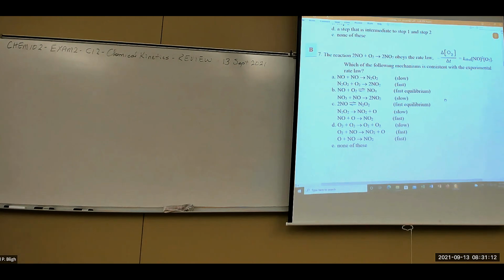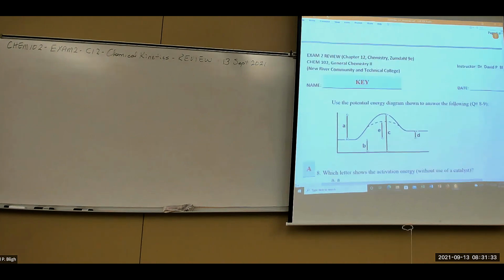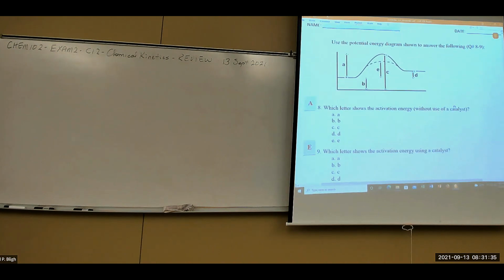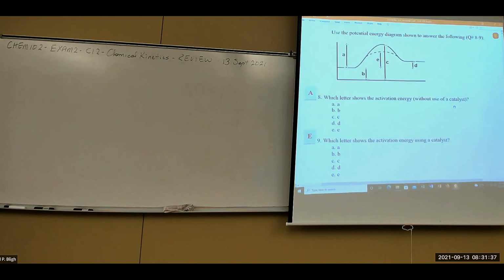Do I want to come back to that one? Let me see if there are further discussions that might be more useful before we get to number 7. I think I'll come back to 7. Let's do that. Let's come back to 7 and I'm going to skip to 8 now. Talk about catalysts and energy diagrams for a reaction.